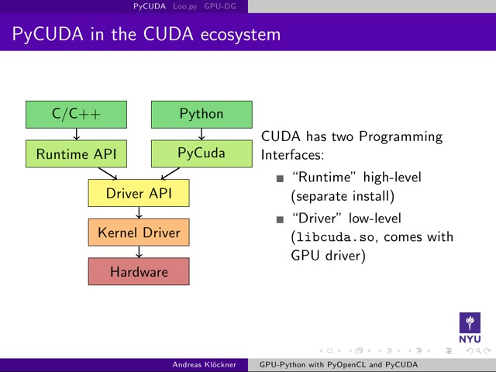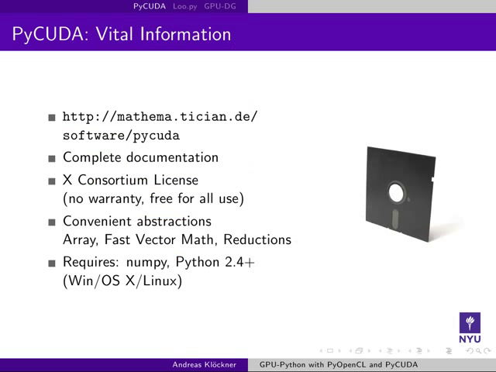Right. Okay, and then from the driver API on, it's the same thing. It goes into the kernel driver and then finally talks to the hardware. Like PyOpenCL, PyCUDA is licensed under the X Consortium MIT license. So do whatever you want as long as you don't come suing me. More or less.